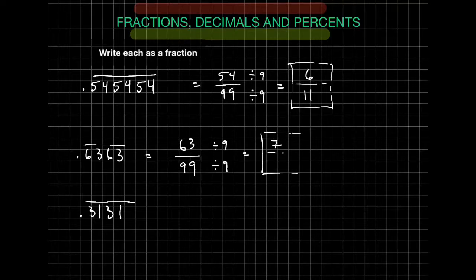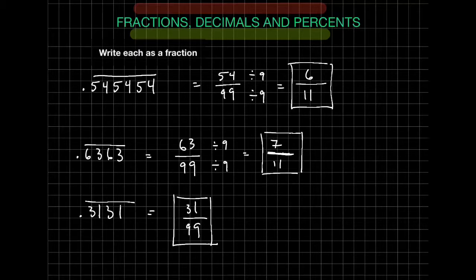What I meant to say is 7/11. So if you plug 7 divided by 11 in your calculator, sure enough, you get 0.6363 repeating. Okay, 0.3131. We're just going to say that's 31/99. It doesn't look like that could be reduced any further, so that's our answer, 31/99.